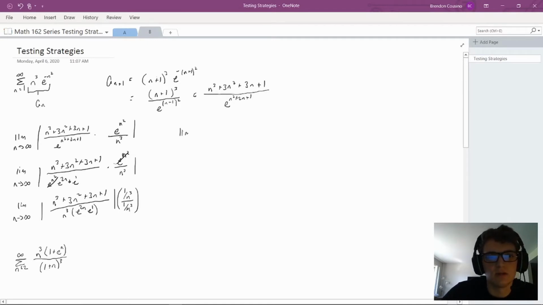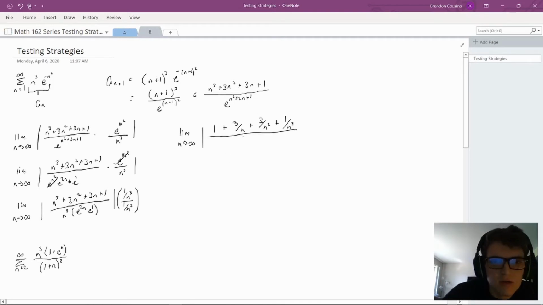So we're going to have the limit as n approaches infinity of the absolute value of 1 plus 3 divided by n plus 3 divided by n squared plus 1 divided by n cubed, divided by, on the denominator our n cubed is going to cancel out, e to the 2n times e to the first.